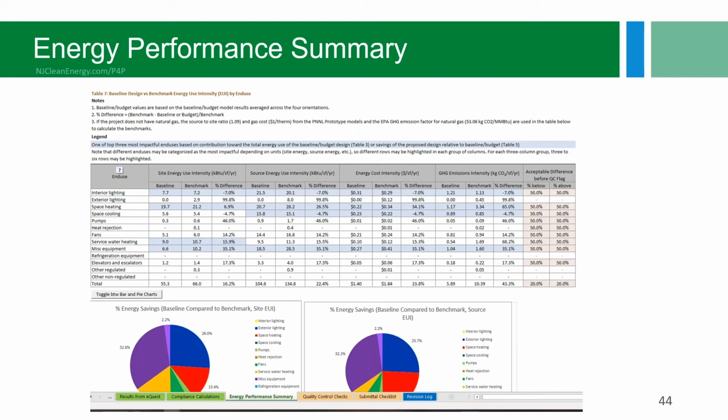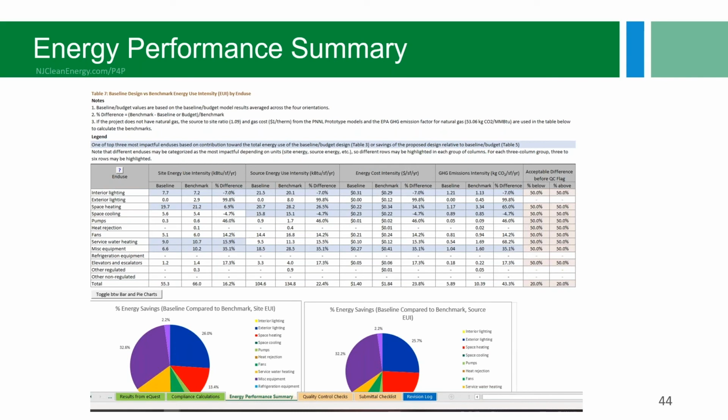So the Appendix G 2016, the baseline is essentially, more or less at 90.1 2004. So a great QC activity is to compare your baseline results to the 2004 prototype model for the same building type. And this tab does that for you.